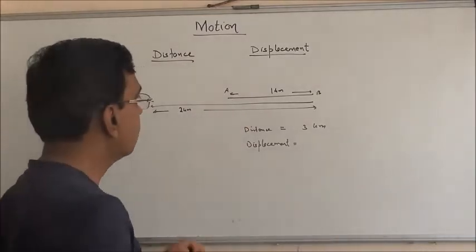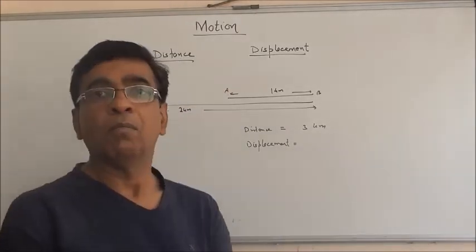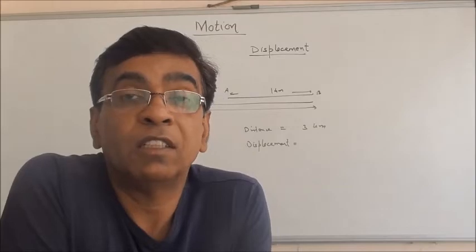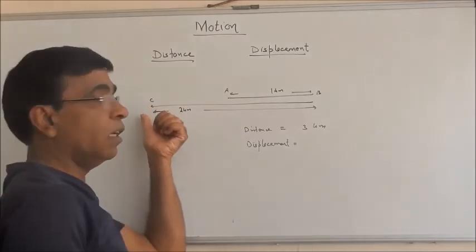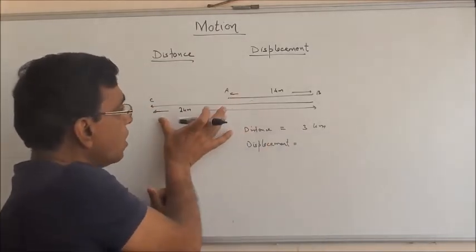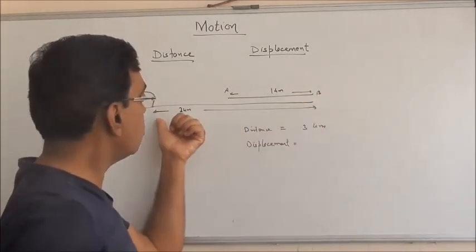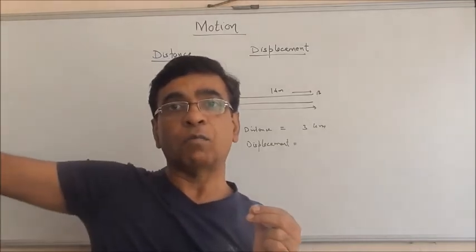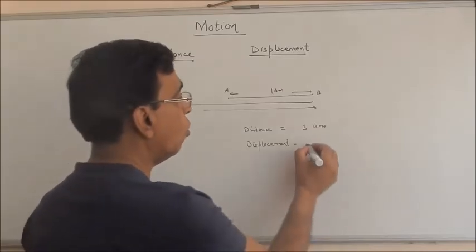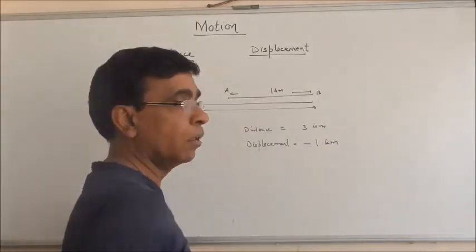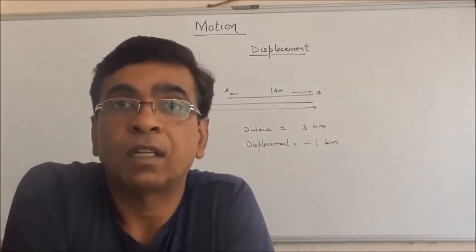What about the displacement? It is not 1, but minus 1 is actually the right answer, because it has shifted left. You will not say just 1 kilometer, because 1 kilometer displacement will be for B. For this position C, it is to the left of the starting point. So we will say displacement is minus 1. It means it is to the left of the starting position.